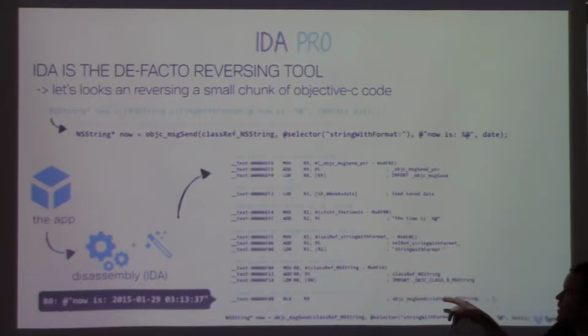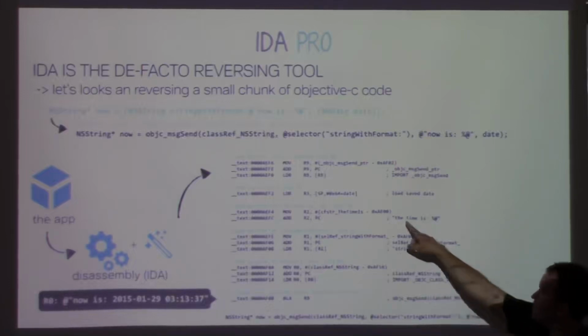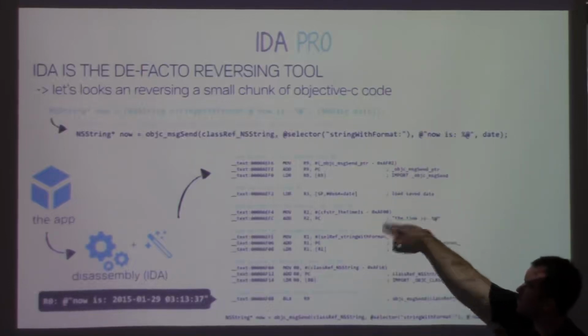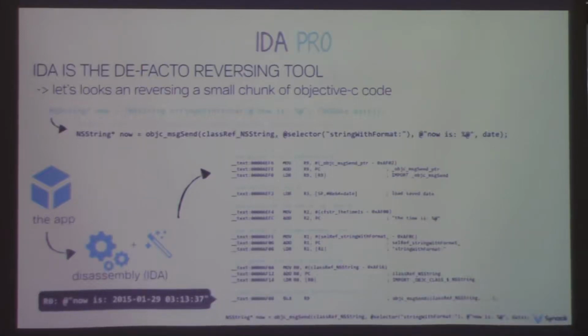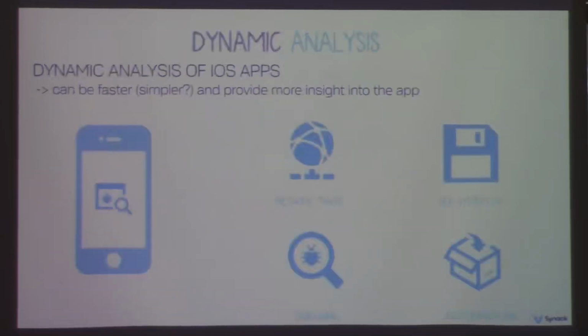The parameters for this are going to be the time and then this loaded date, which is in R0. So if you want to look at disassembly, you can figure out what's going on. But it's really painful. I don't like to look at disassembly unless it's a last-stage effort. Yes, you will get a really good understanding of exactly what's going on, but it's very time consuming.